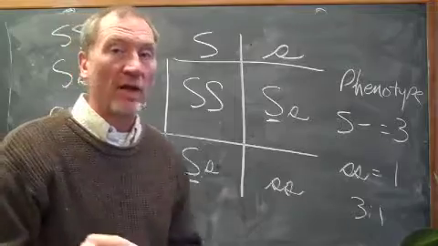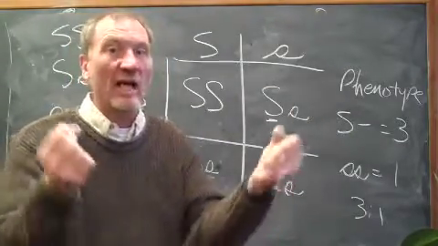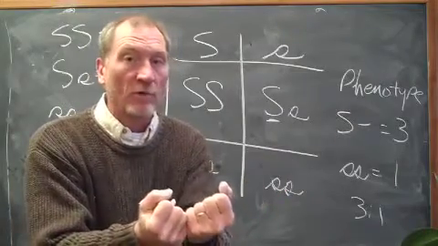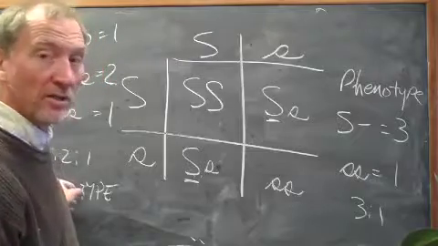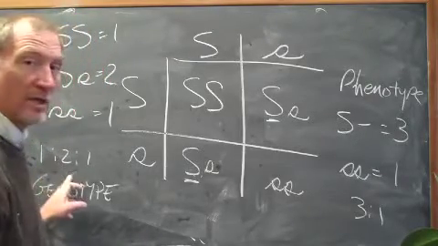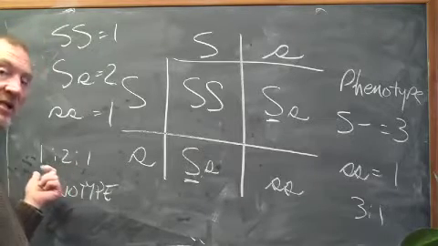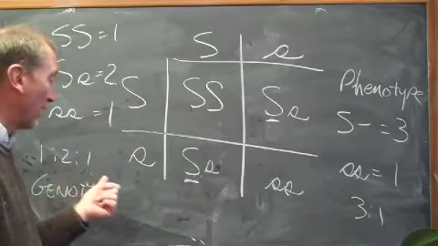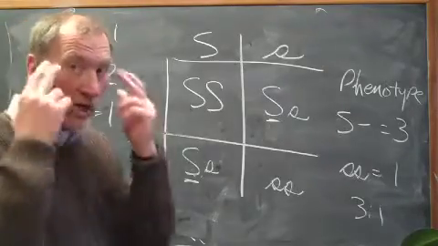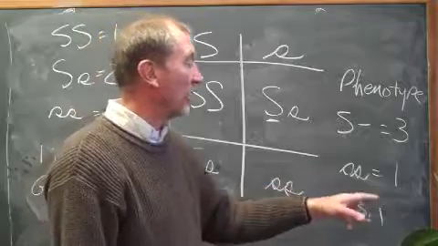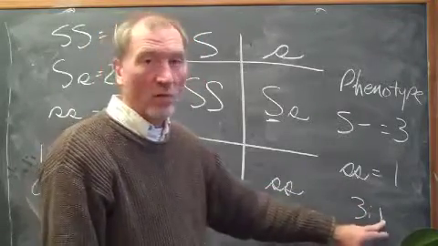And when we follow that through meiosis and take a look at what happens in the gametes and how they then come together to form zygotes, then in this case we have a genotypic ratio of 1 to 2 to 1. The 1s are the homozygous classes, homozygous dominant. The 2 is the heterozygote, and the 1 on this side is the homozygous recessive. But how they look, the phenotypic ratio, is 3 to 1, with 3 smooth and 1 wrinkled.